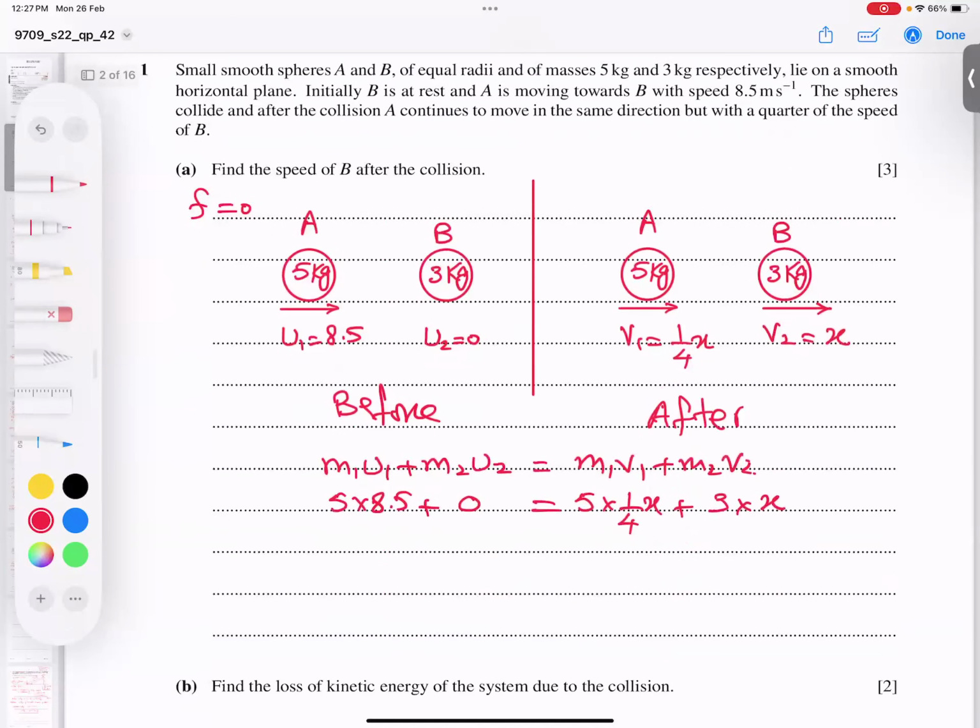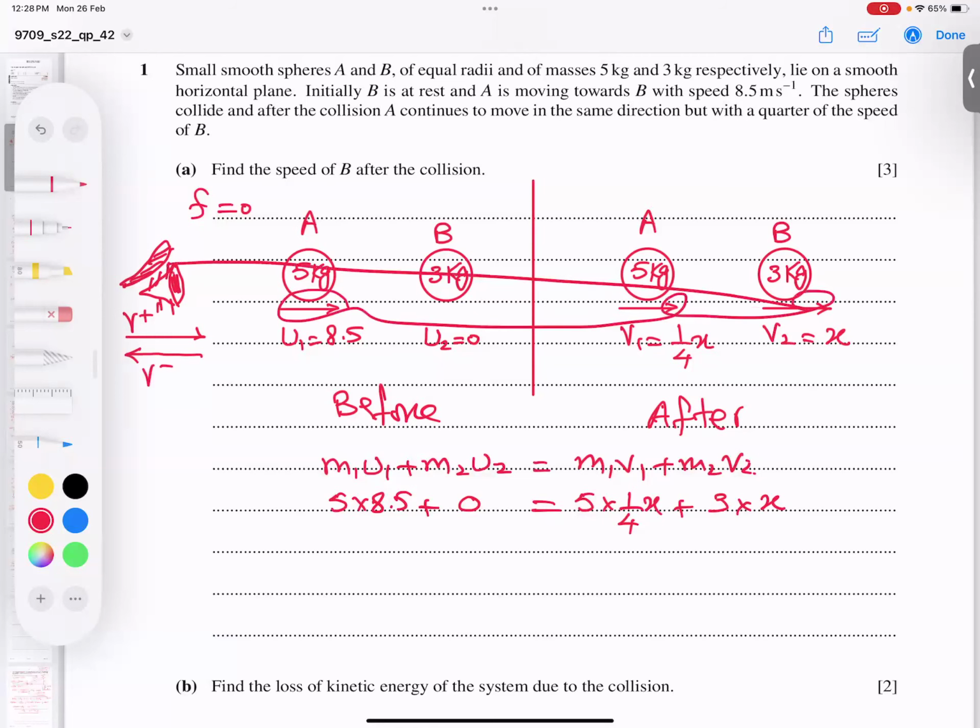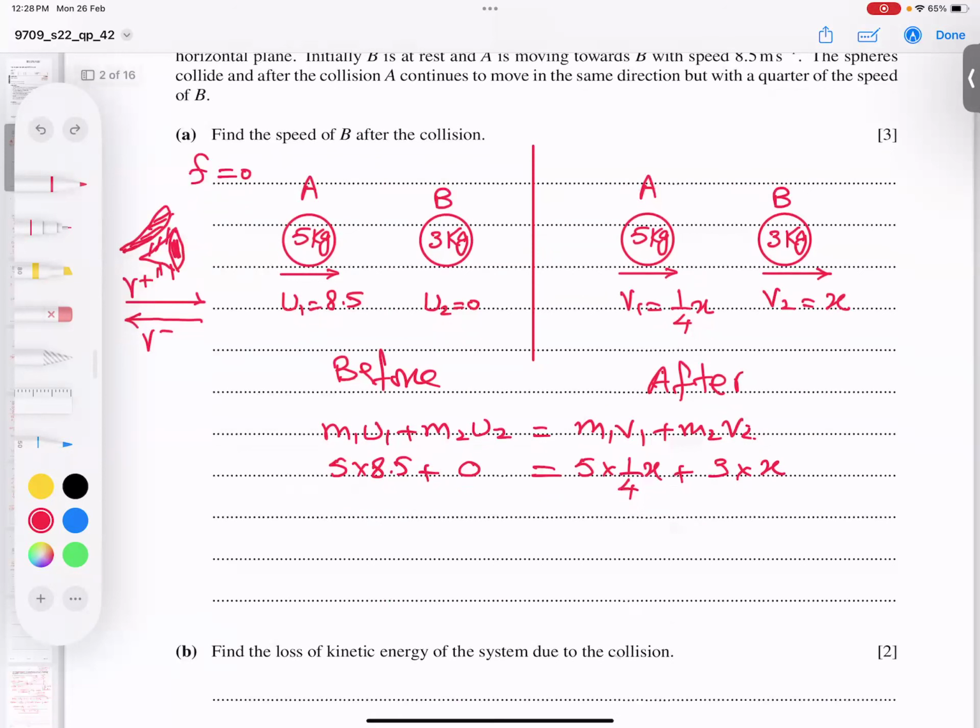So I think the idea is very, very clear. Keep in mind a very important criterion, which I discuss frequently in my questions: whenever we are doing this kind of question, if the particle is going away from the observer, velocity is positive, and coming back toward the observer, velocity is negative. Luckily, all these arrows are away from the observer, so all are positive. Now I have to simplify and find both velocities.